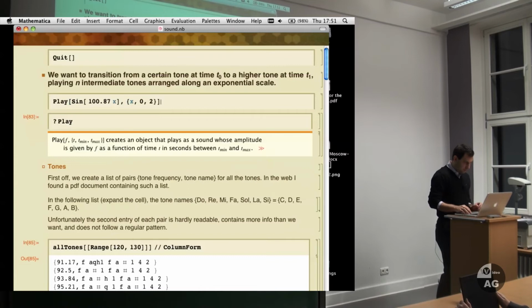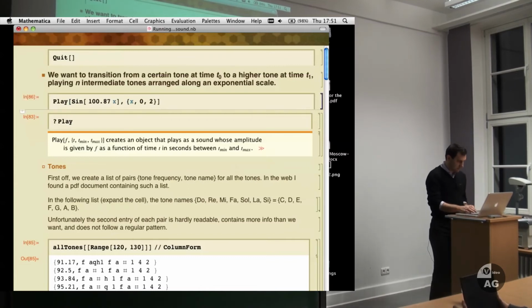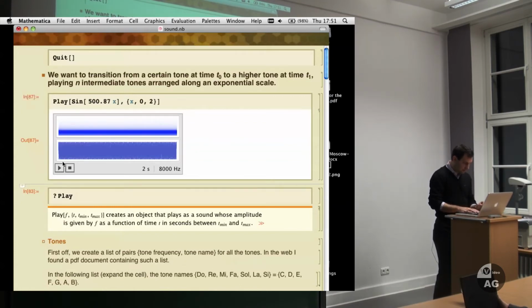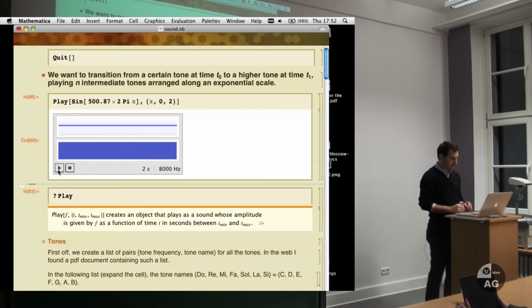So I don't know which tone this should be. This is about 30 hertz. Yeah, so it's very, very low. Or 2 pi maybe. I should put a pi somewhere. It's very possible. Thank you.